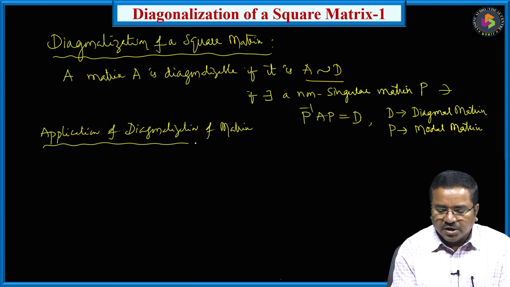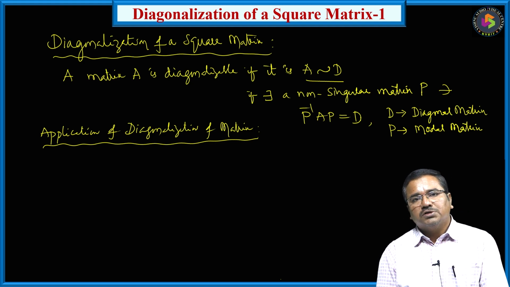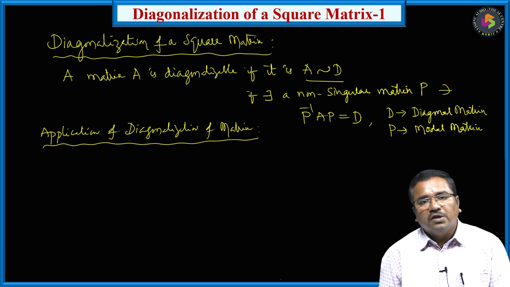Once we define the diagonal matrix, this is over. So, what is the use of diagonalization of a matrix? Once a matrix is diagonalizable, we can calculate the power of a matrix very easily.